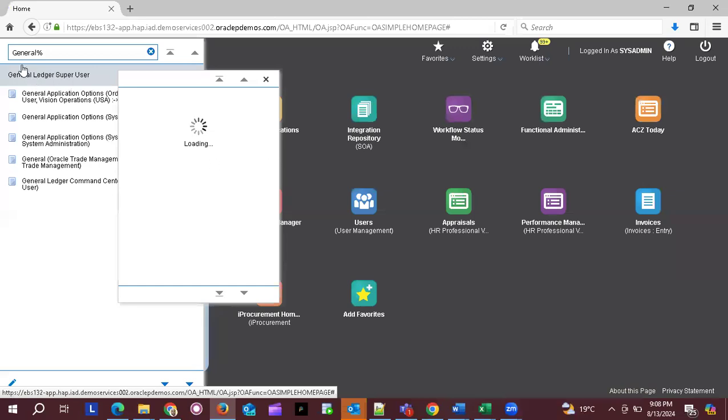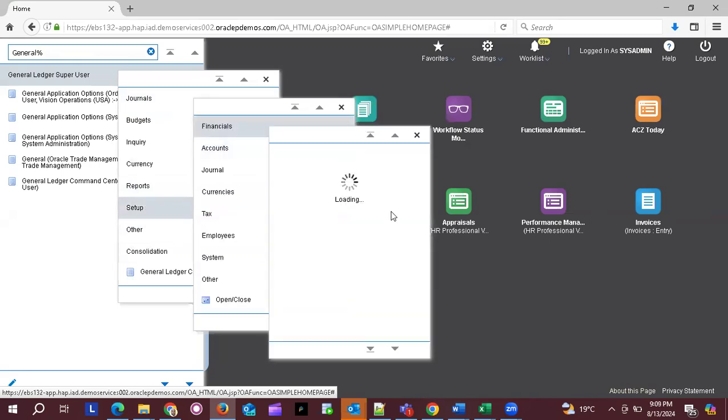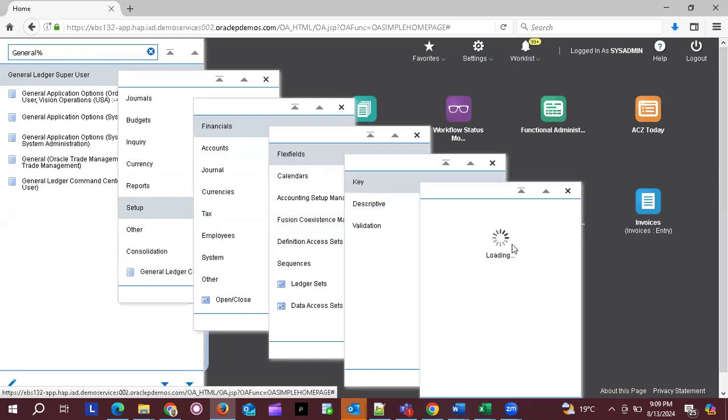Always you can search in the navigator: Setup, Financials, Flexfields, Key, Segments.